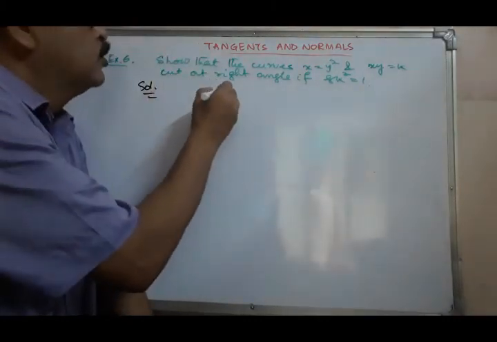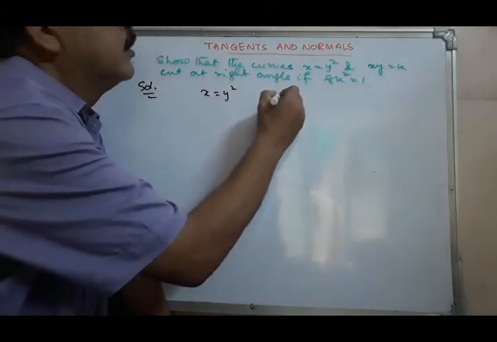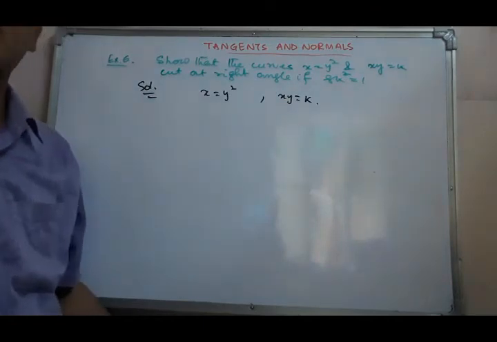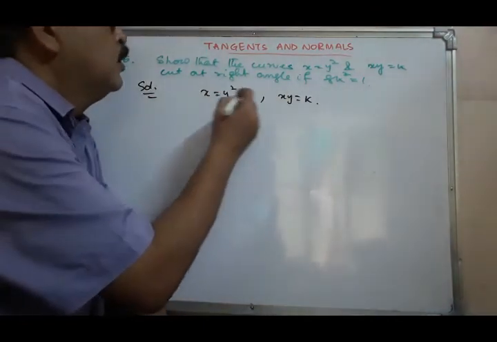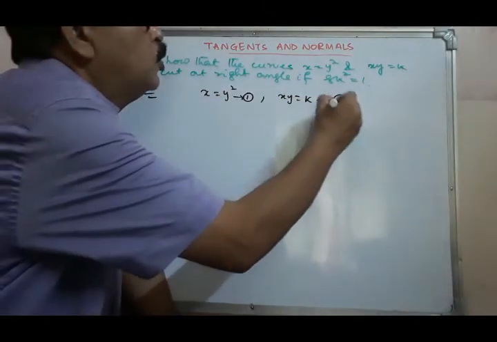So first equation, the curve is x equal to y square, and second one is xy equal to k. We have to solve the two equations first. So this is say 1 and this is 2.